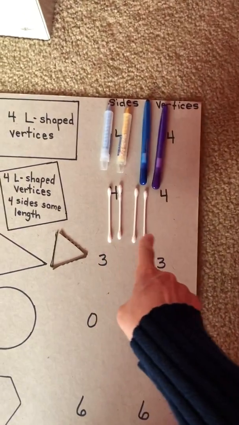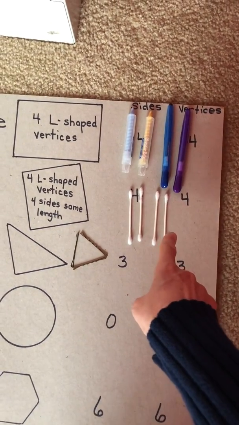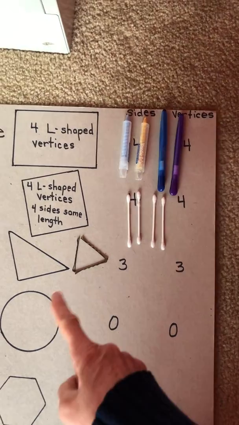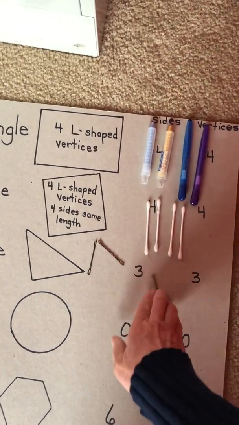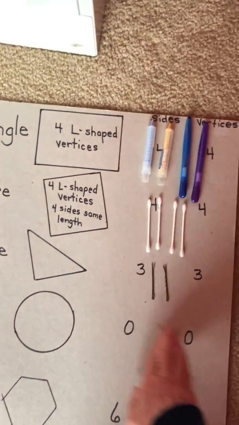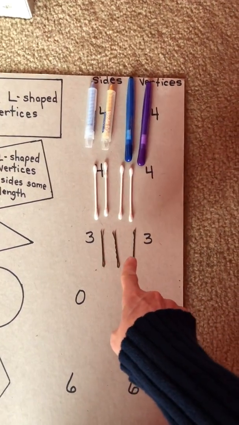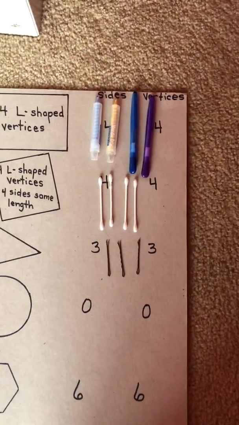It takes these 4 straight sticks that are the same length to build the square. Take a look at our triangle. How many straight sticks did I use to build the triangle? If you said 3, you're correct.